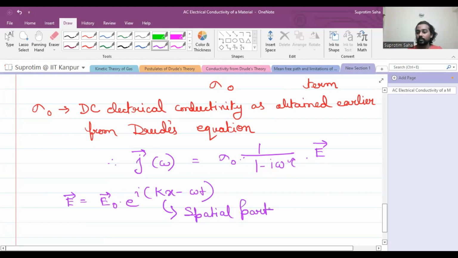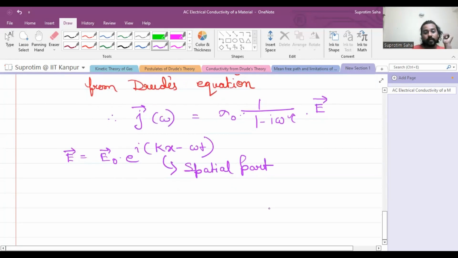Spatial part. So what happens now? As the electric field is varying, you have to take into account the length scale over which it is varying.